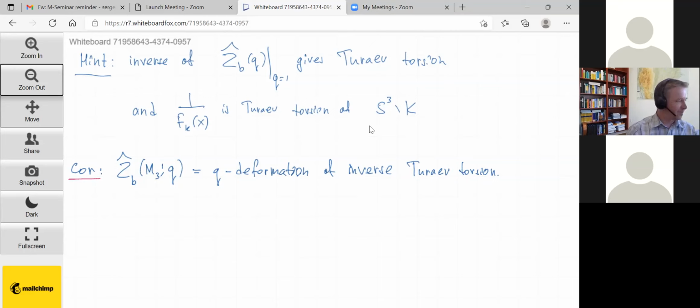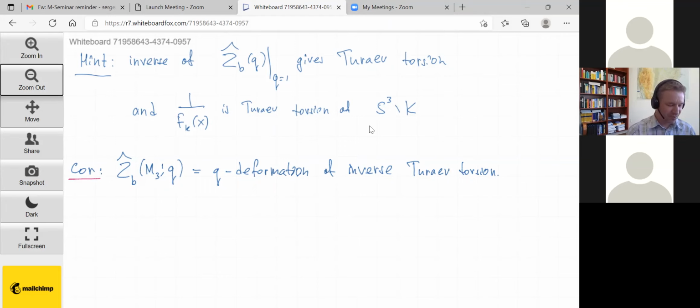So for now, all you have to know is that derived torsion is yet another invariant of three manifolds, which depends on the same type of labels, and it doesn't depend on q. In fact, you recover that, or the inverse of that, if you send q to 1.